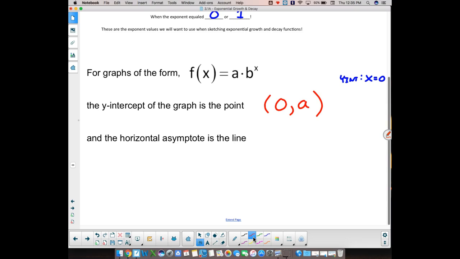And the horizontal asymptote, or the HA, if you will, okay, or the HA is at what? Y equals 0.